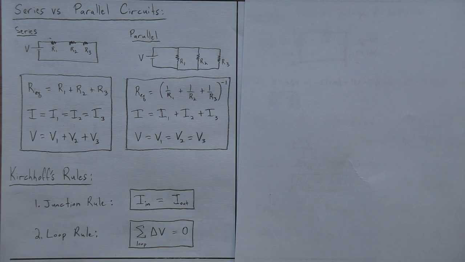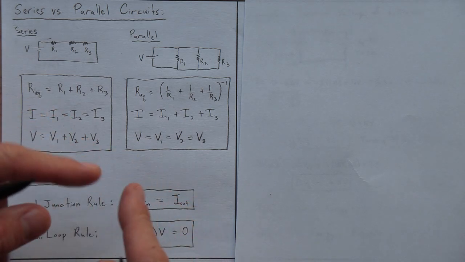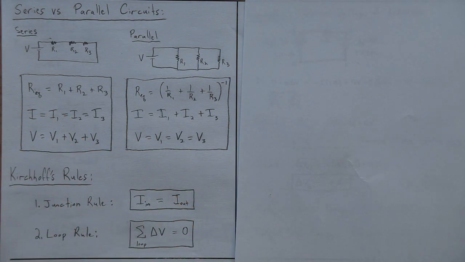A fancier way to say what I said here is with what we call Kirchhoff's rules. There are two of them. There's what we call the junction rule and the loop rule. A junction is whenever you have multiple wires that join together. Okay, so take a bunch of wires, twist them together. Where the wires are twisted together is a junction, a meeting point.